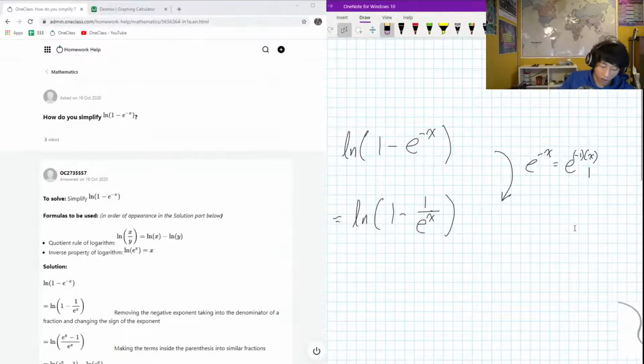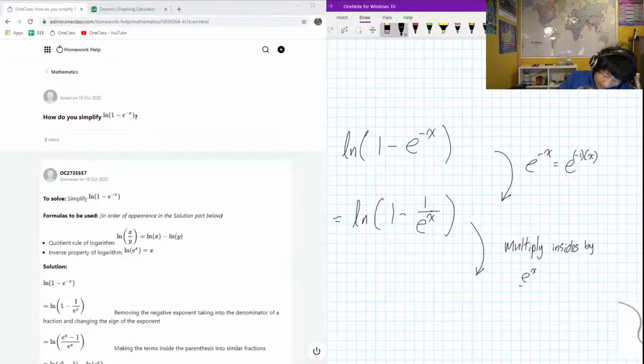Now the next thing that we can do is multiply this entire term by e to the x over e to the x. Whoops, I'm actually tripping.